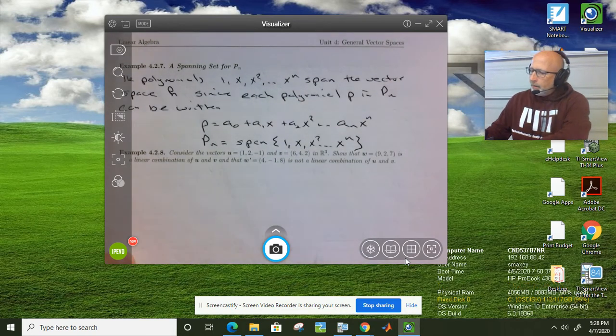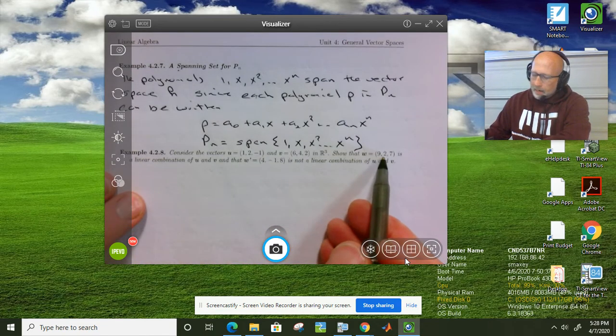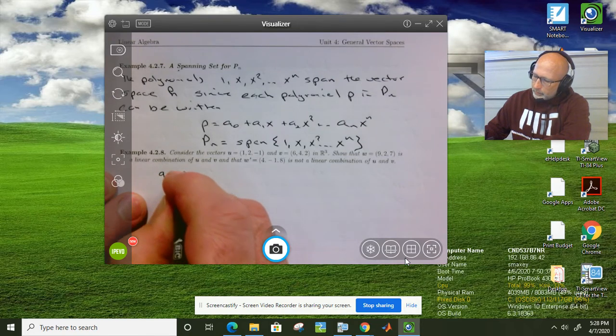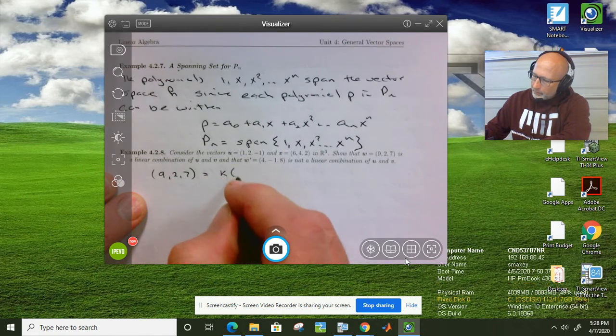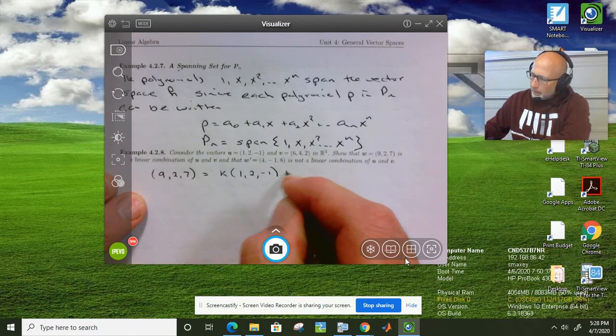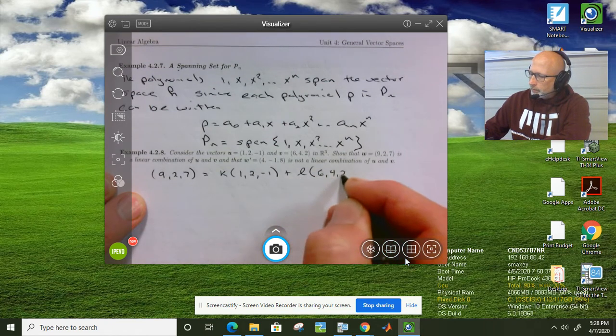If it is a linear combination of u and v, then I know that I can rewrite 9, 2, 7 as some constant k times the vector 1, 2, -1 plus some other constant I'll call l times the vector 6, 4, 2.